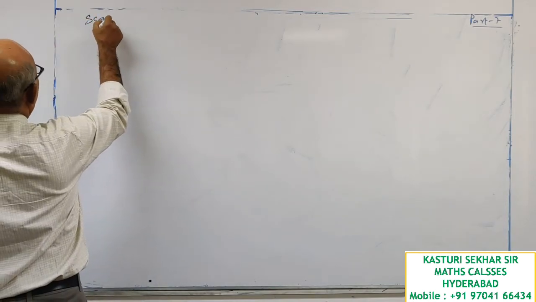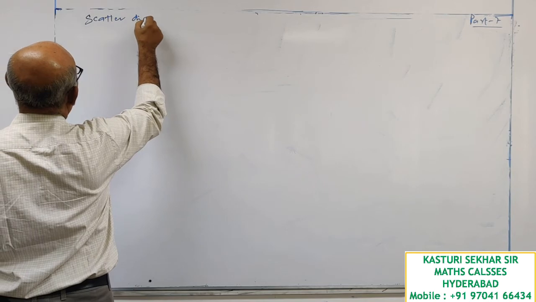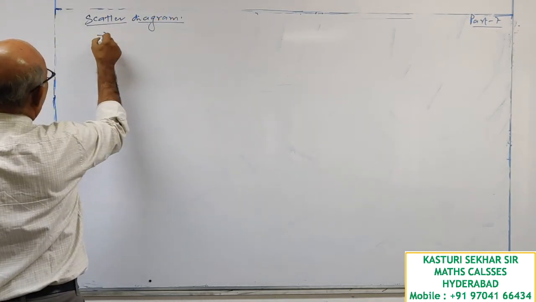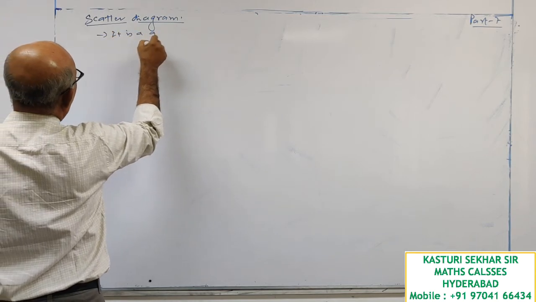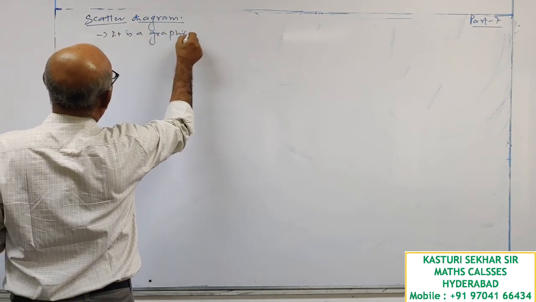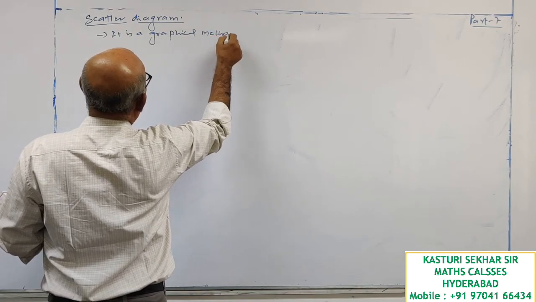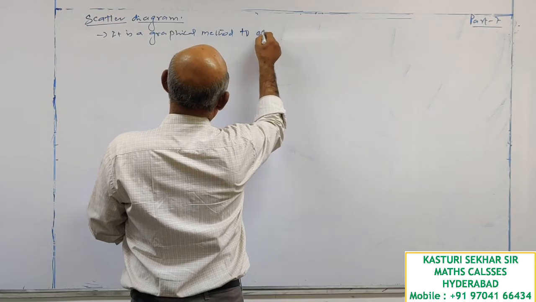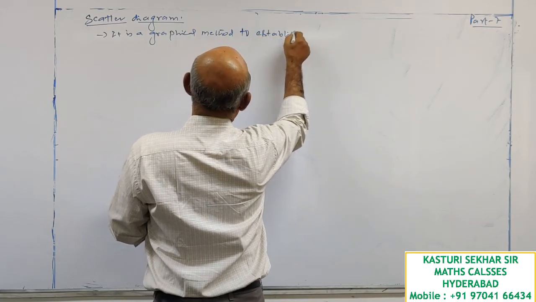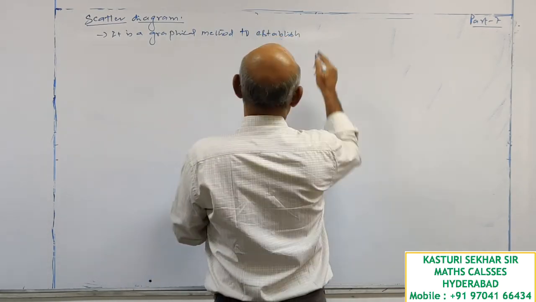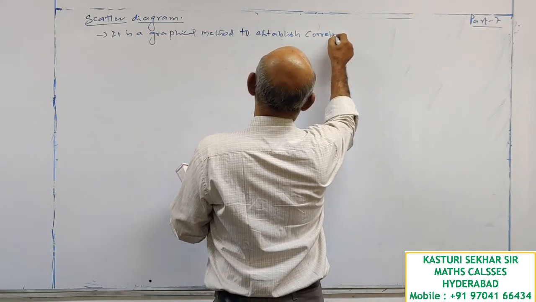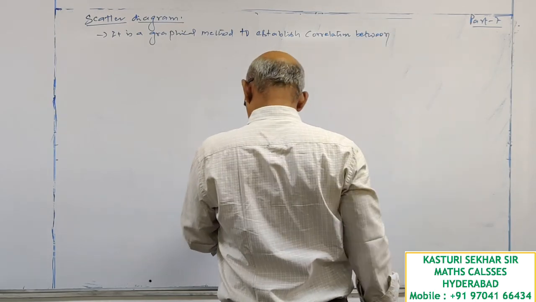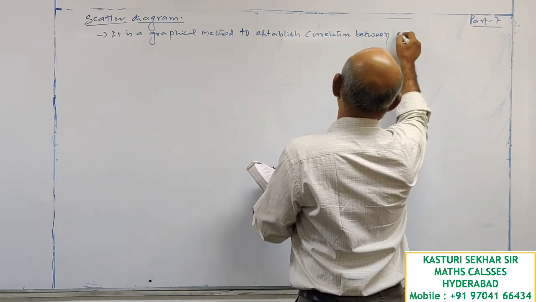Now scatter diagram. First point, it is a graphical method to establish correlation between a pair of variables.